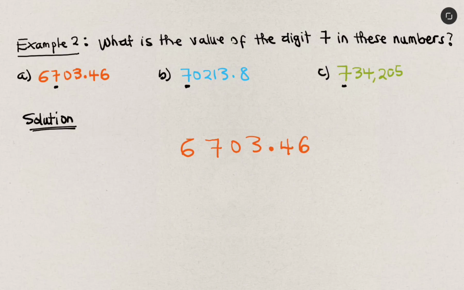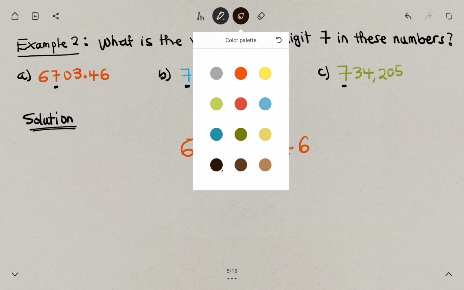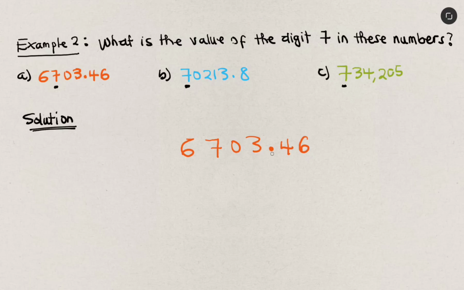Now, when we are assigning place value, we have a dot, and anything beyond the dot has a decimal place value. These have a decimal place value, because they are after the point sign. But the ones that have place value are the ones before the dot.